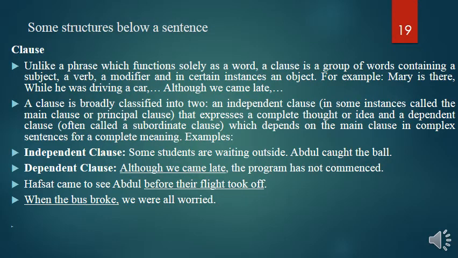Clause, unlike a phrase which functions solely as a word, a clause is a group of words containing a subject, a verb, a modifier, and in certain instances an object. That is, in a phrase we can find that it can either be a subject with some elements without a verb, that is in the noun phrase, while in the verb phrase you can have a verb with other elements but without the subject.